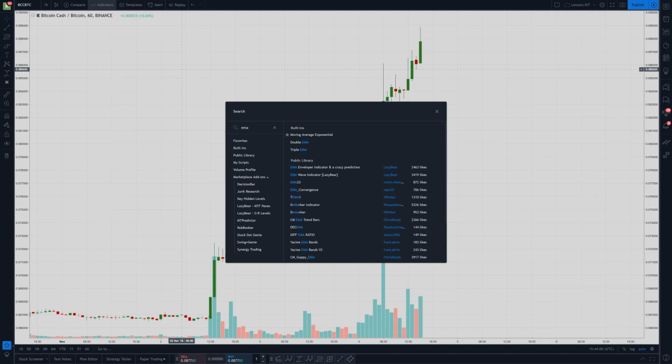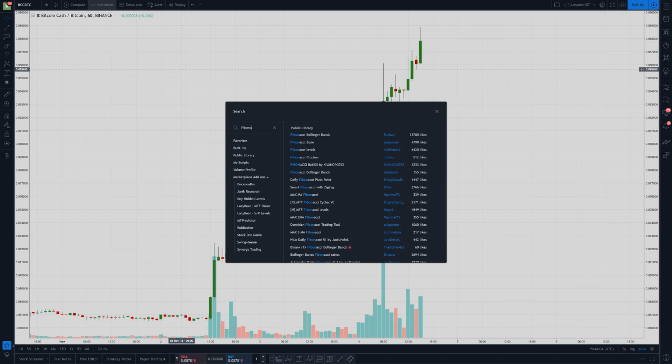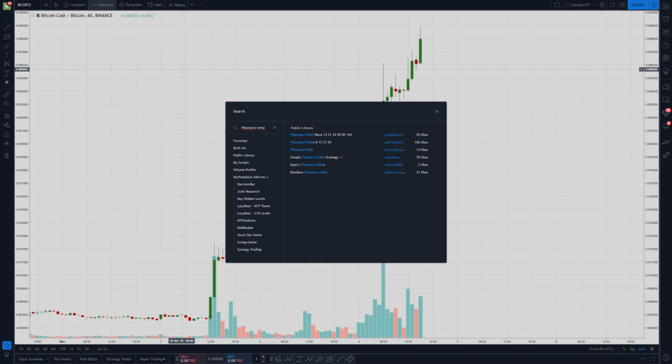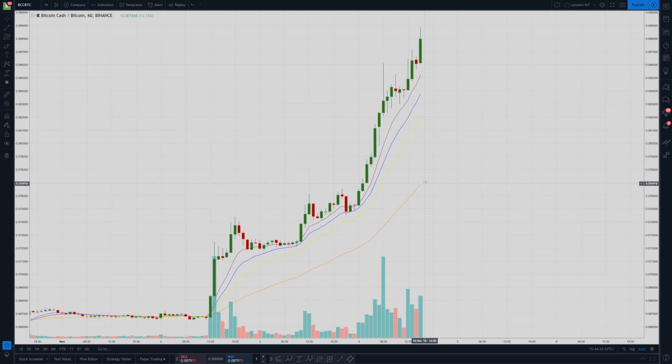First off, search for this indicator. Just search Fibonacci EMA, and there's this great indicator over here by Patrick.kd, thank you Patrick, that has all my favorite Fibonacci exponential moving averages in one, and it gives us a great view of not only the strength of our uptrend, but also how much our supports have been tested.